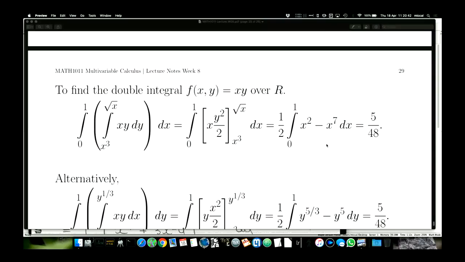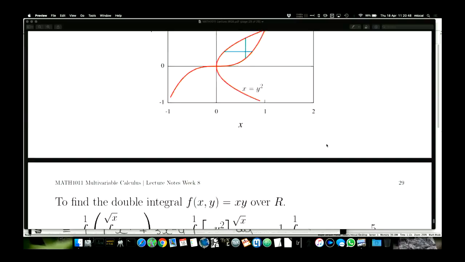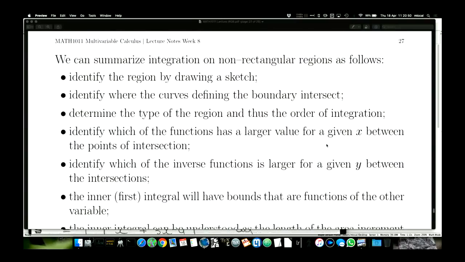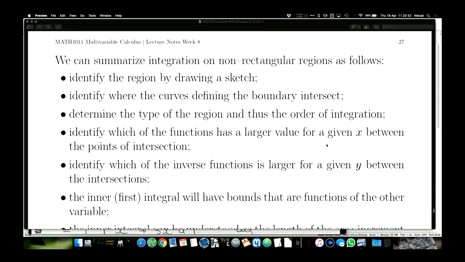The hardest part with double integrals is finding the bounds. But you do it through a process. Basically, draw a diagram. Identify all of the bounding curves and write them as inverses: x in terms of y, y in terms of x. Just do it.